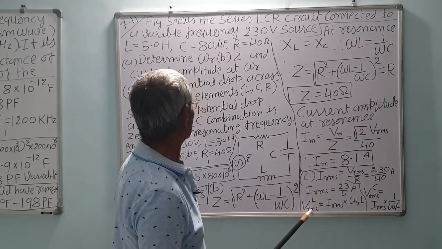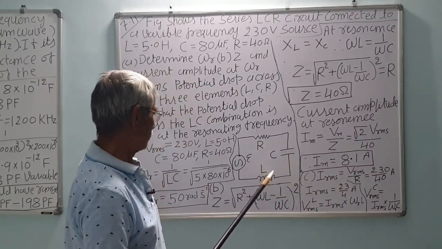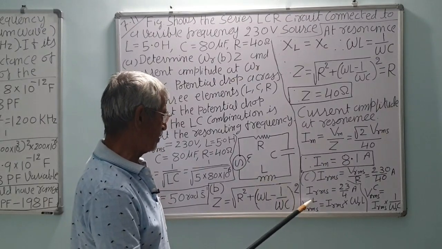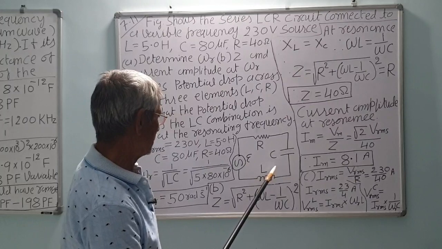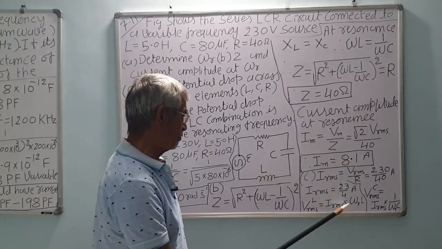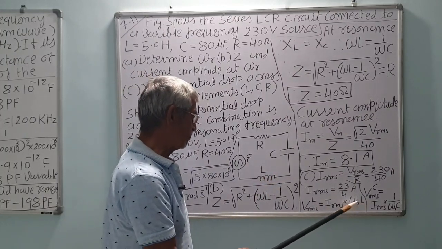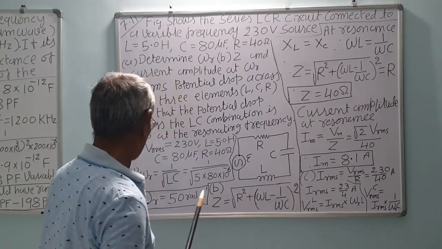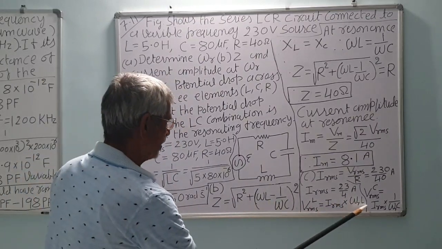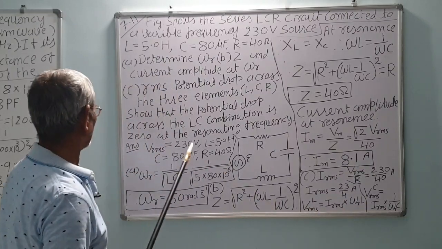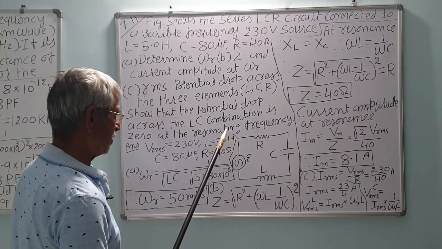Now the voltage across the inductor, Vrms L, is equal to Irms into the inductive reactance XL, that is omega L. Omega is 50, already calculated, and L is already given, 5 Henry.